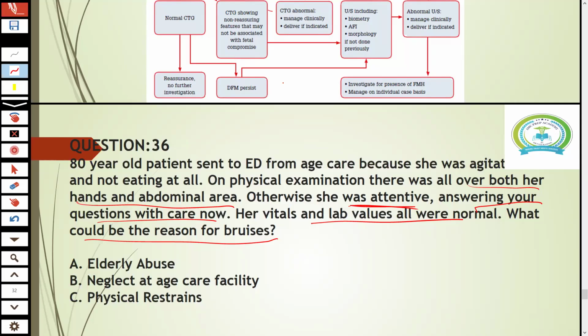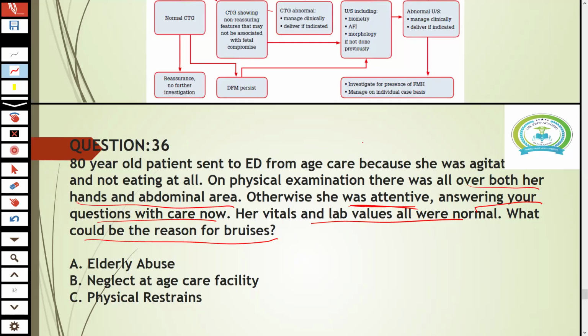So most of you answered it as elderly abuse. Okay, some say neglect. So most of you are with elderly abuse.